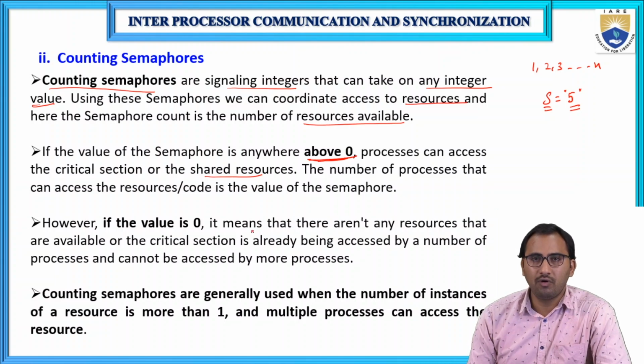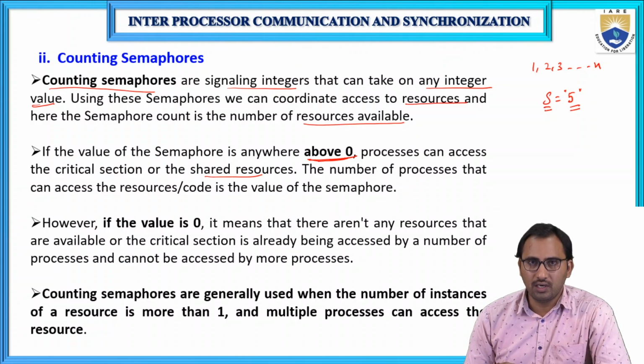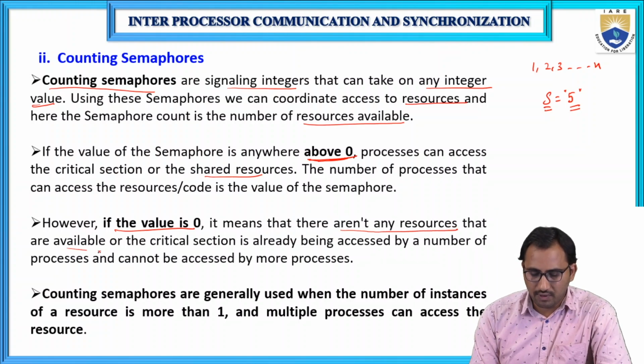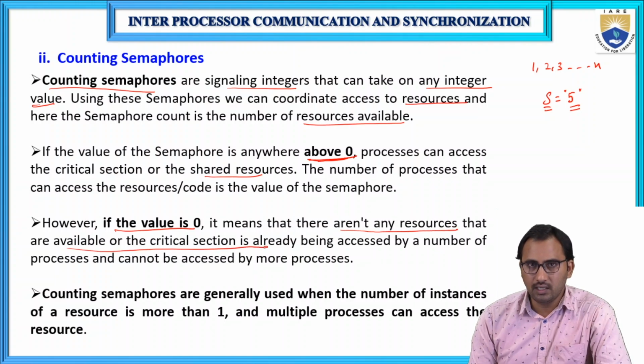But if the semaphore value is equal to 0, then the process cannot enter into the critical section or access the resources. There are no resources available for the critical section, because the critical section is already used by some other process. That's why it is unavailable.